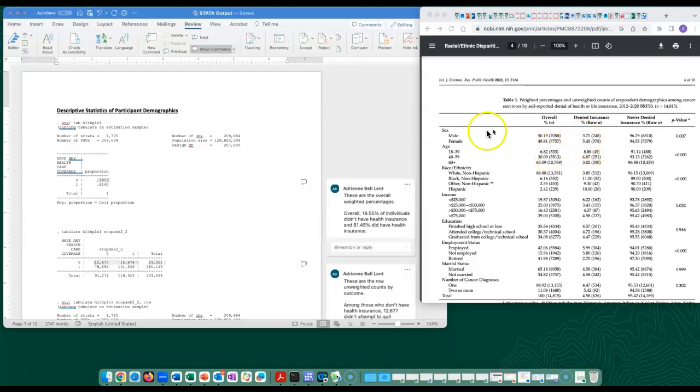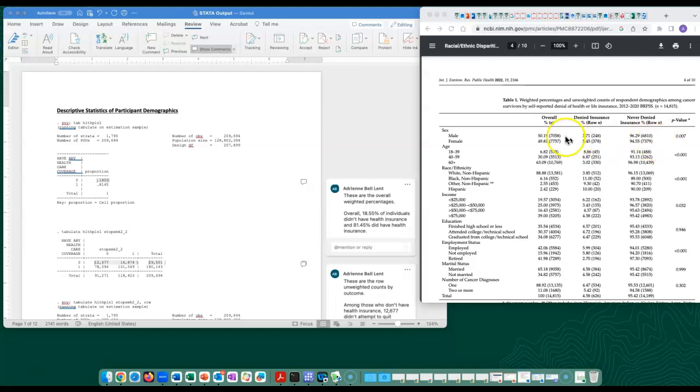Now we can look at that across these rows. So across this row for males, what we see is among males, 3.71 were denied insurance. They had the outcome of interest, and 248 is the count, so the number of males that were denied insurance, versus this column over here, which shows that 96.29% of males were never denied insurance, and the actual count there is 6,810, so 6,810 males were never denied insurance.